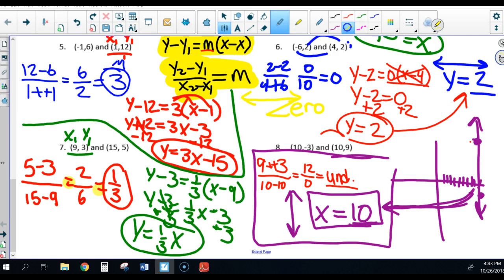Undefined, your pen goes straight down to make your U. Undefined, vertical. So, zero, horizontal; undefined, vertical. That'll help you remember it. I know it's stupid, but it works, I promise.